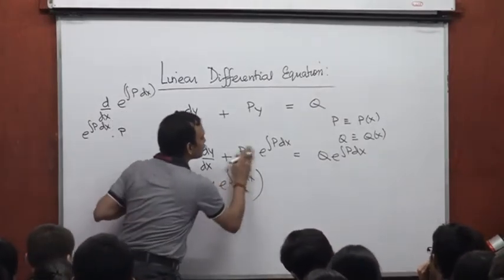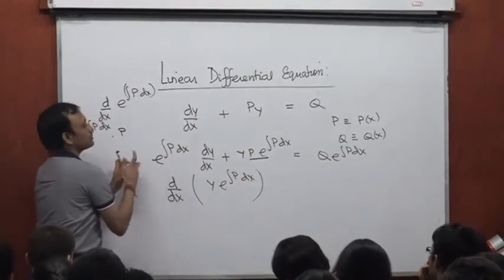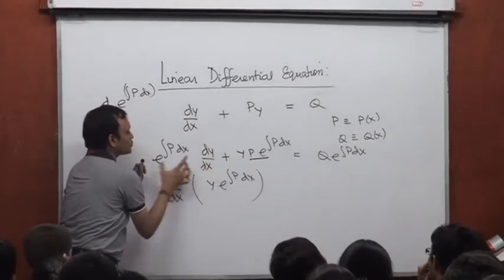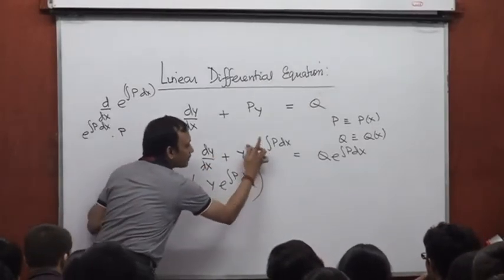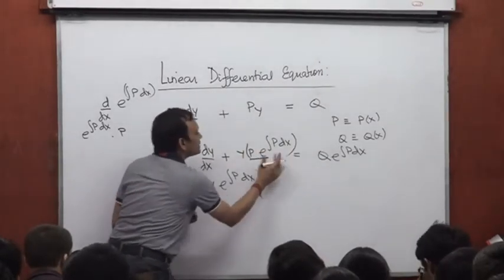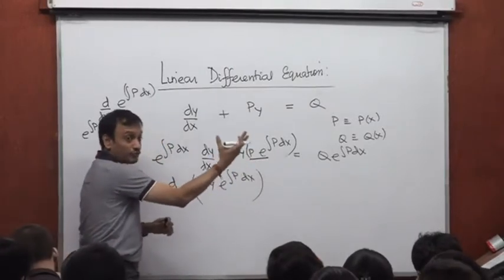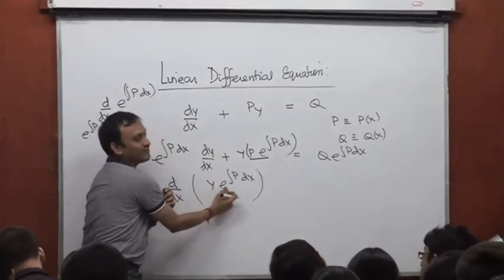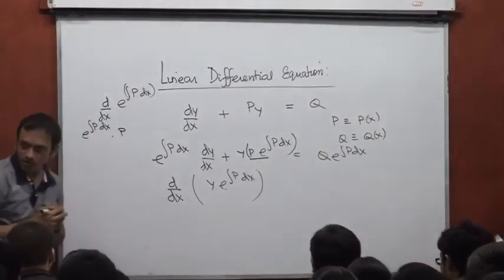So we have in this expression derivative of y with respect to x into e power integral p dx plus derivative of e power integral p dx into y, derivative of the product of two functions. What are the two functions? y and e power integral p dx. Sounds alright?